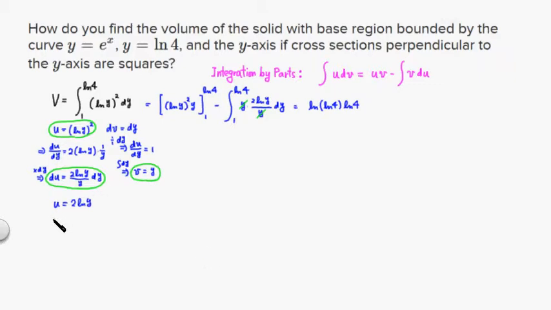Then take the derivative of u with respect to y. 2 is just a constant, the derivative of natural log of y is 1 over y, so 2 over y, right? So we know that du can be found by multiplying both sides by dy, it's 2 over y dy.